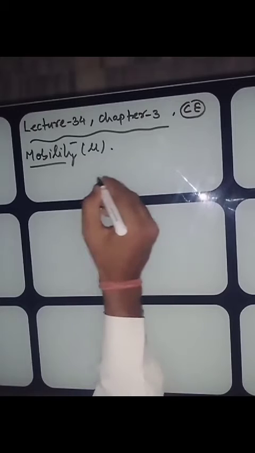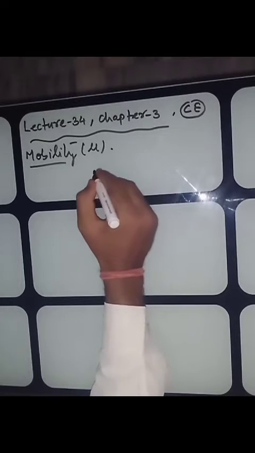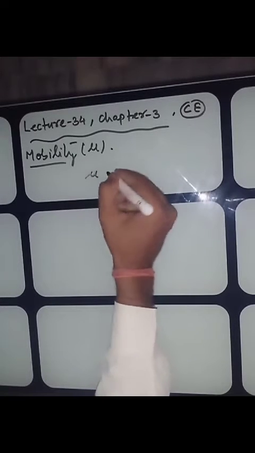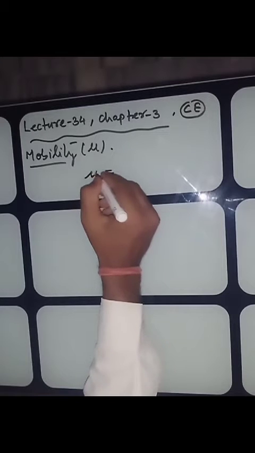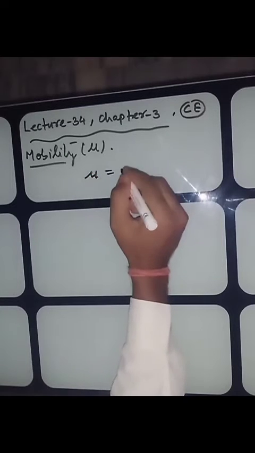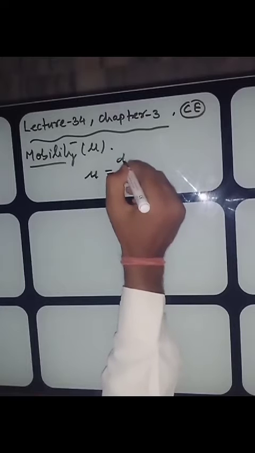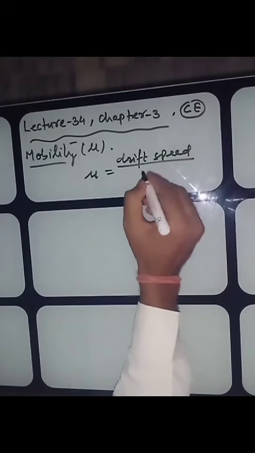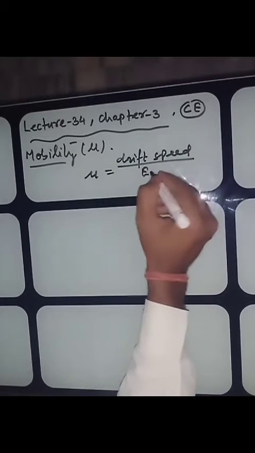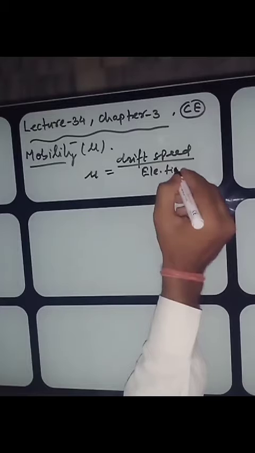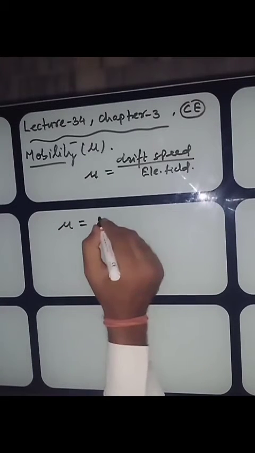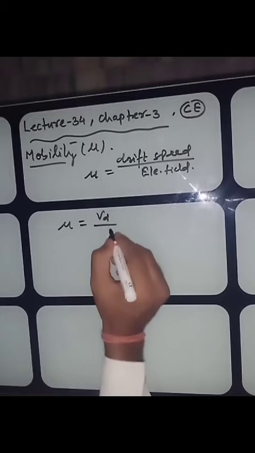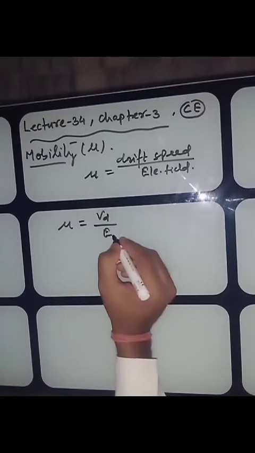From the definition, mobility mu is nothing but the drift speed per unit electric field. So the formula for mobility is Vd over E.